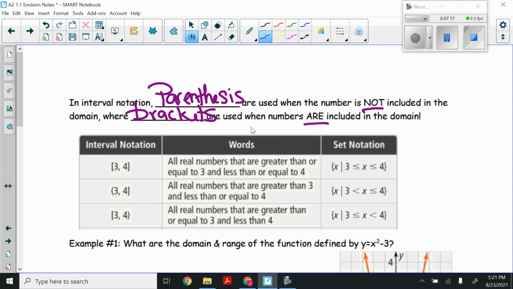When we are dealing with infinity, negative infinity and positive infinity are always in parentheses. Because infinity is not an actual number, it's like a variable representing that. So that's always going to be parentheses because that's never going to be included. It just means that it goes on and on and on forever.